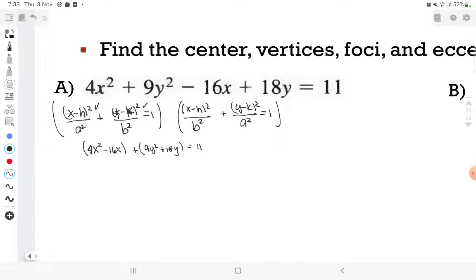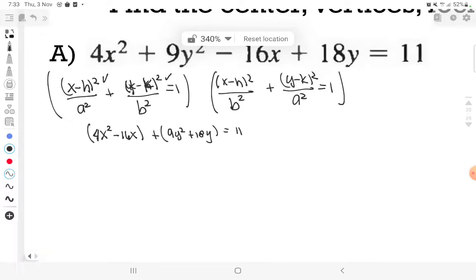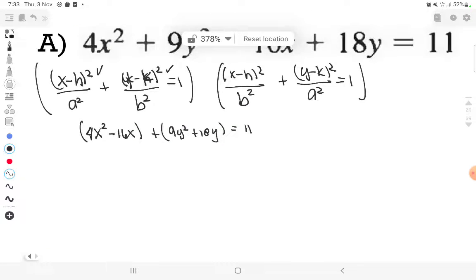Technically, you could notice that these terms are in their special product form, wherein we have (a minus b) squared. So in each of these terms, we can make a complete square by completing the square.